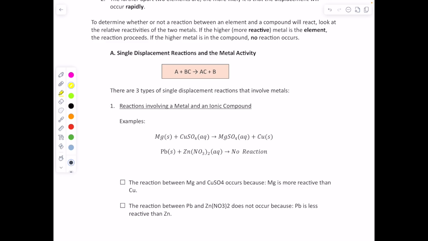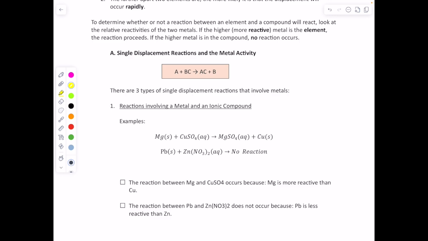To determine whether or not a reaction between an element and a compound will react, look at the relative reactivities of the two metals. If the higher, more reactive metal is the element, the reaction proceeds. If the higher metal is in the compound, no reaction proceeds.